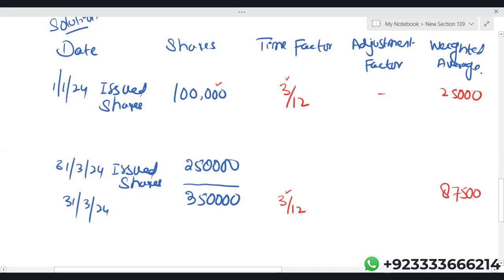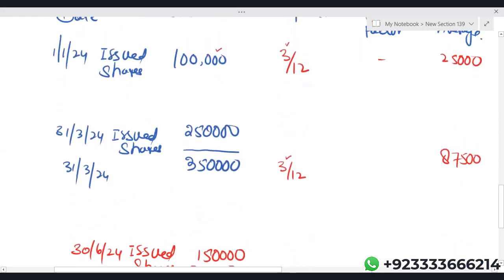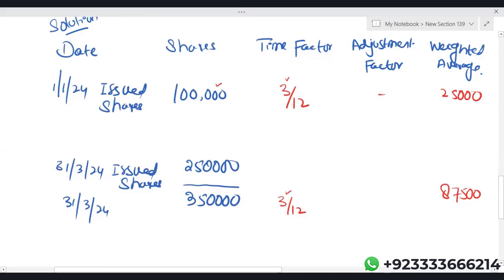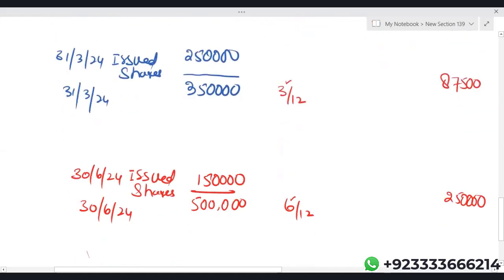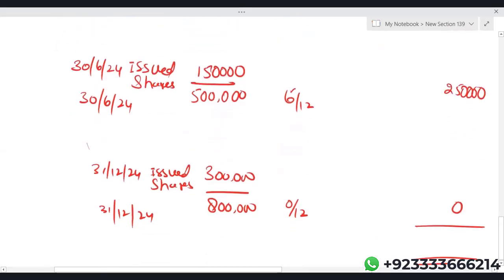So 2,50,000 plus 87,500 plus 25,000. Students, I'm getting 3,62,500.